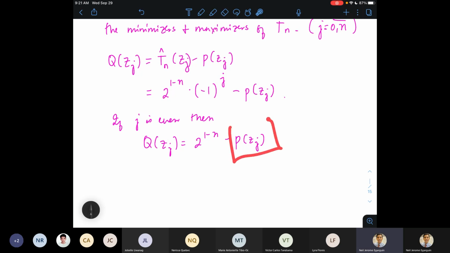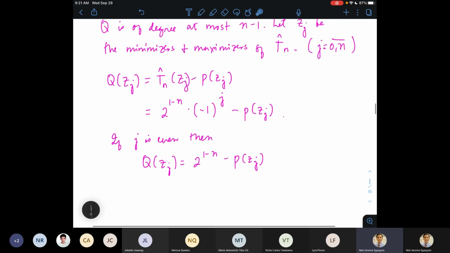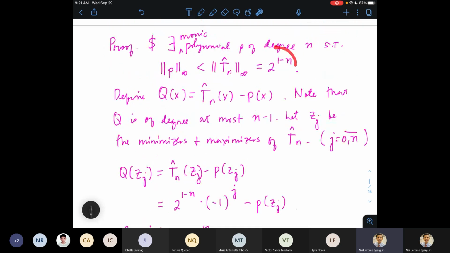If P of ζ_j is negative, then this would be 2 to the 1 minus n minus a negative number. So the difference would be a positive number, right? But if P of ζ_j is positive, we might have a problem with this becoming negative. But remember that P is a polynomial whose supremum is less than 2 to the 1 minus n.